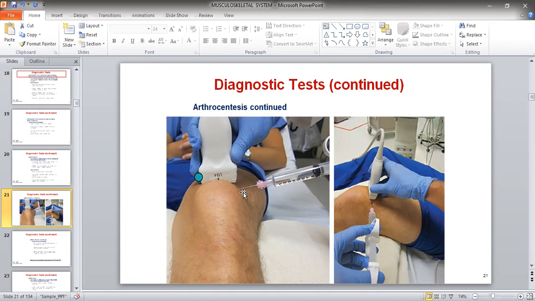And here a needle is passing through the joint. And this is ultrasonographic guided arthrocentesis. Maybe they are removing the fluid inside the joint, or they're giving some steroid or any medication.